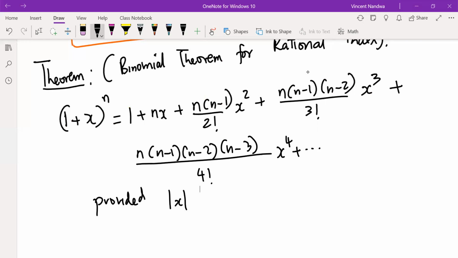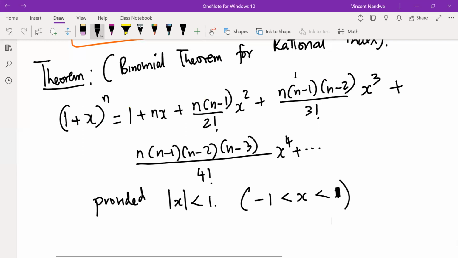the absolute value of x is less than 1. That is the same as saying negative 1 is less than x less than 1, where n is any number, not necessarily a positive integer. So let's call this a statement of the binomial theorem.